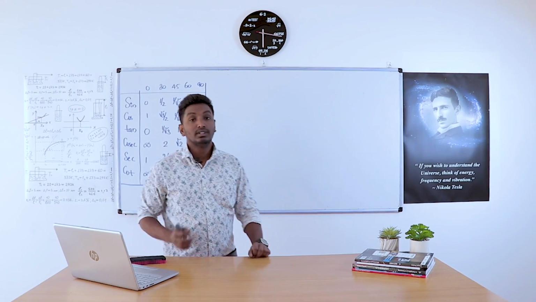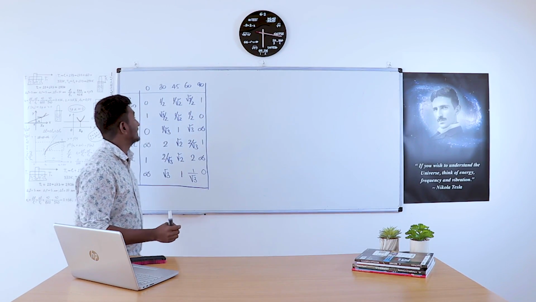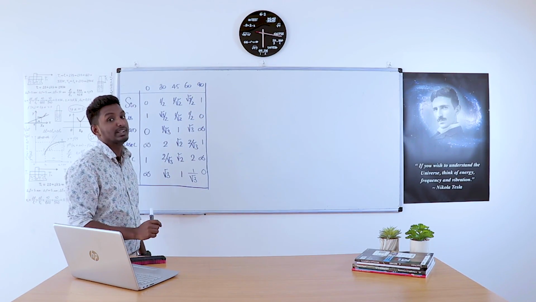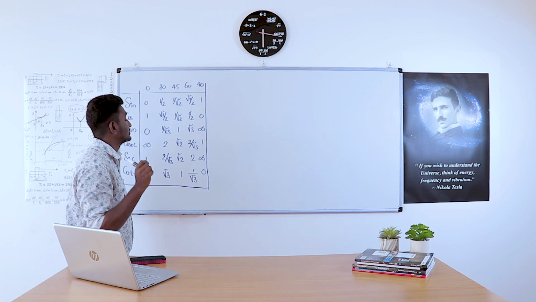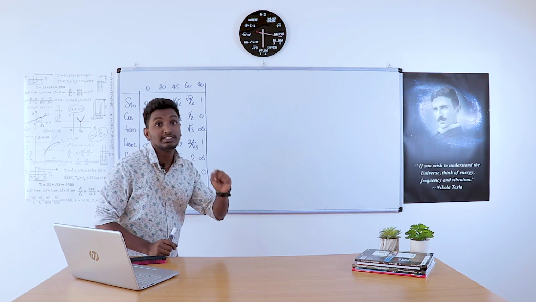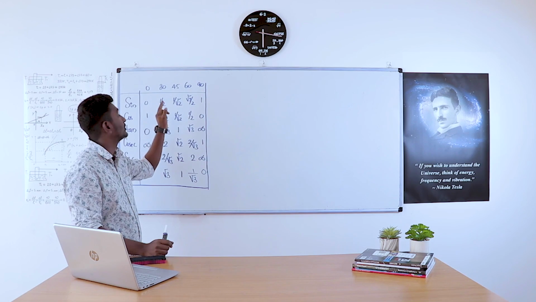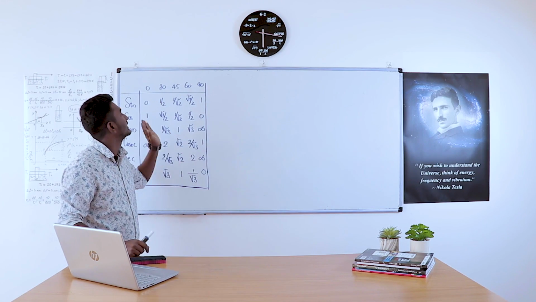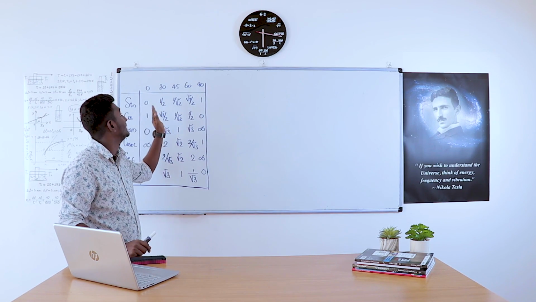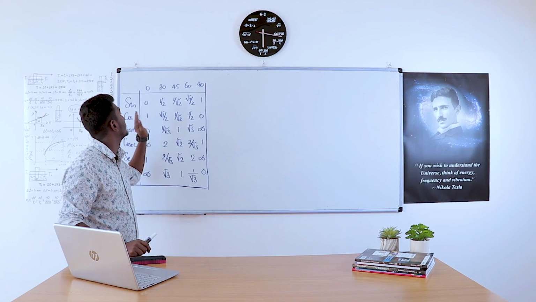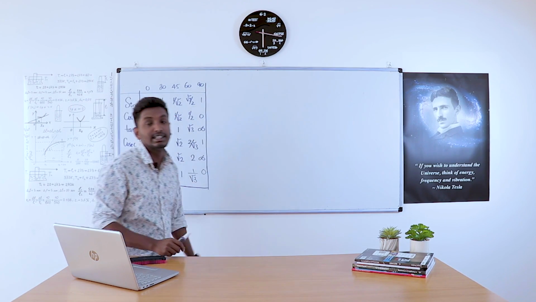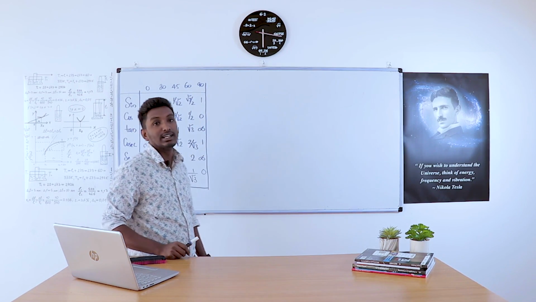Okay. Now moving to the next topic, trigonometric ratios of some specific angles. Specific angles means 0, 30, 45, 60 and 90 degrees.